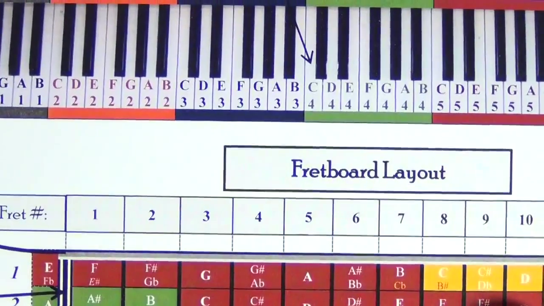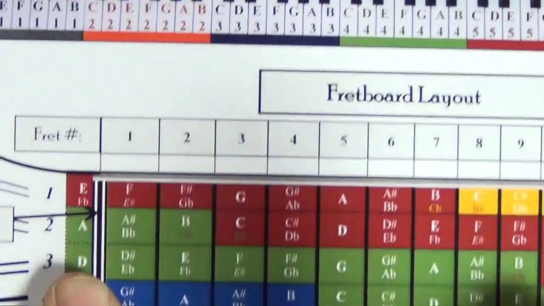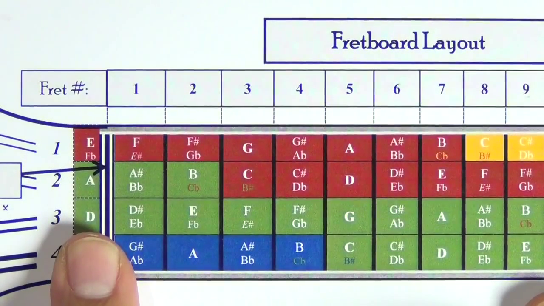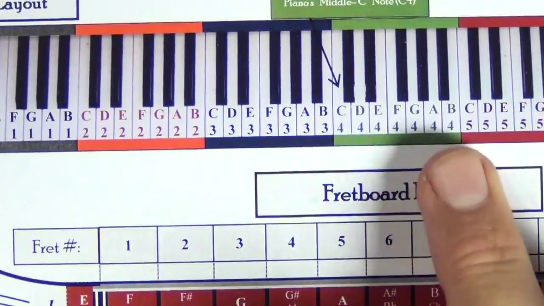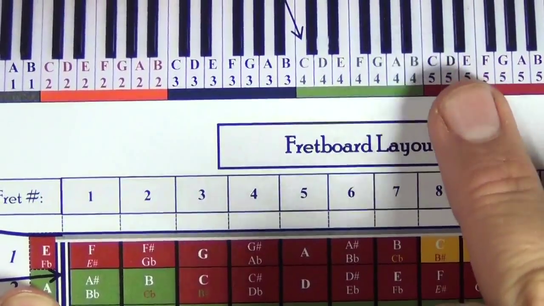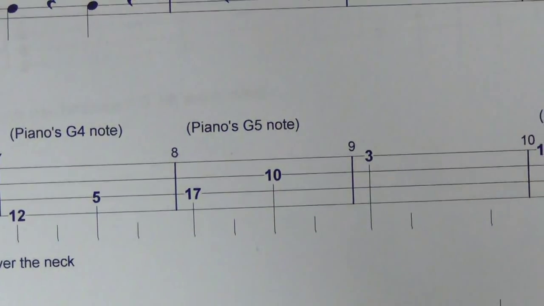The 3 strings are D here, right above middle C, so that's D4. And then we have A4, and then we have E5. So that's mandolin tuning.